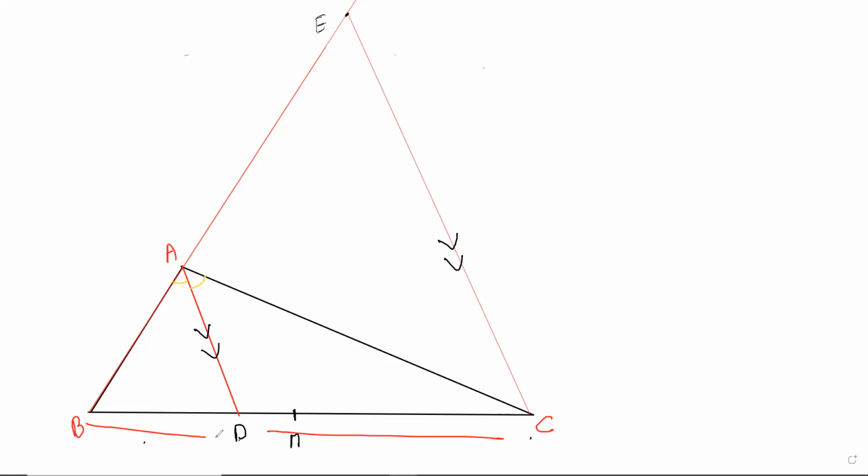That way I get similar triangles, and this ratio BD is to DC gets projected on this place. What do I mean? You will agree with me that BD is to DC, that is the expansion of BD to BC, but here I'm just writing DC, you can check that is correct, will be the same as AB to AE. So in a perfect world, I should have written BC to BD is the same as BE to BA, which you see.